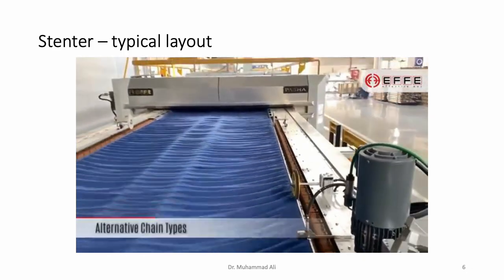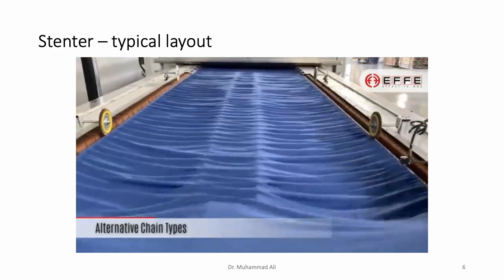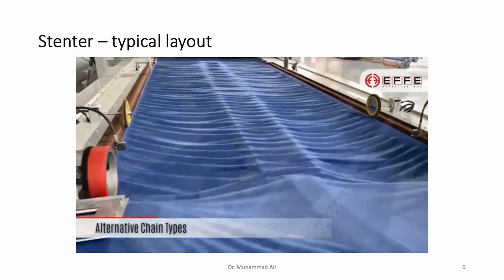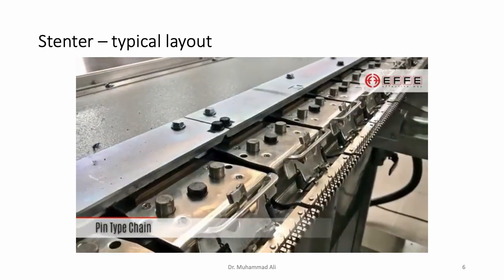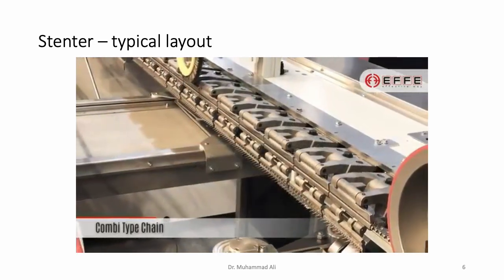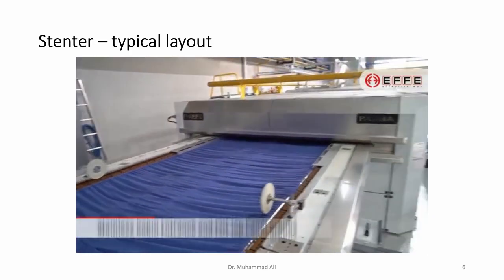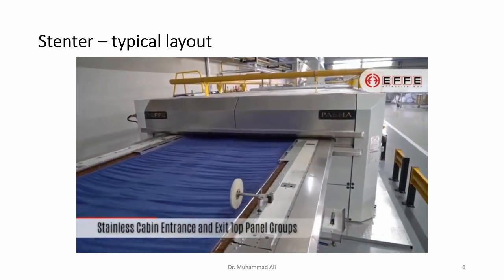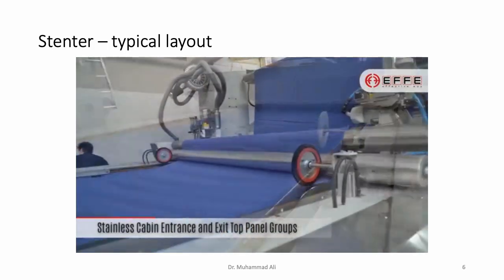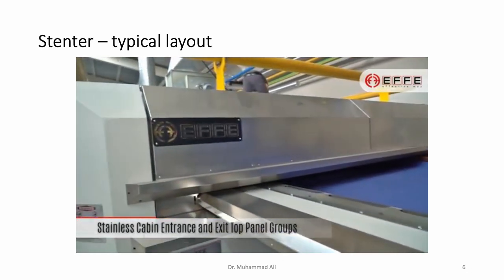So it is just the selvages of the fabric that are gripped as the fabric is passed through a Stenter, and this is probably the most important aspect of processing a fabric on a Stenter, because we do not carry the fabric in this manner on any other machine. And it is this very action of holding the fabric selvages that allows us to adjust its width and achieve the dimensional settings that we usually use a Stenter for.